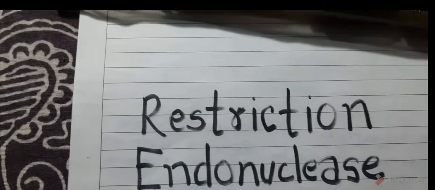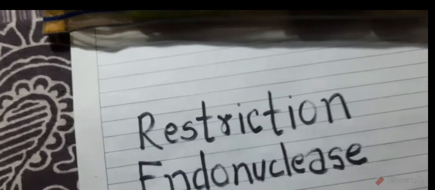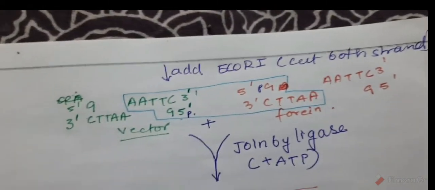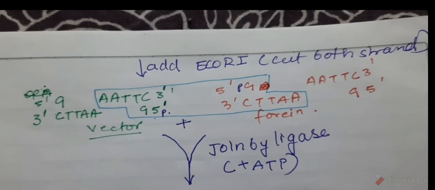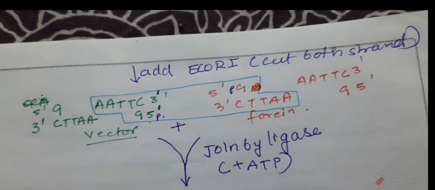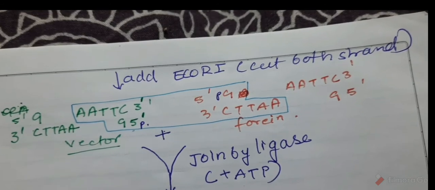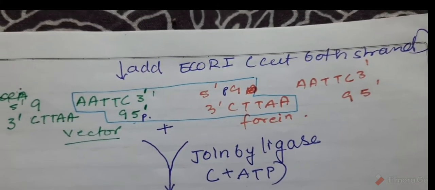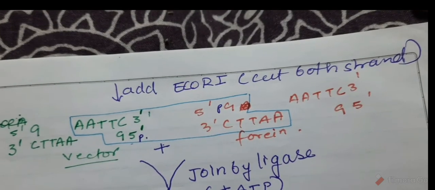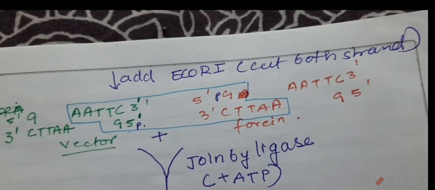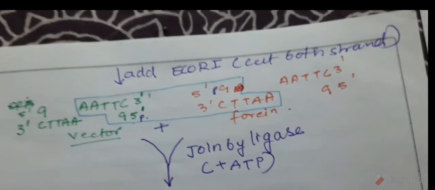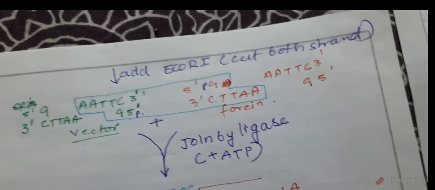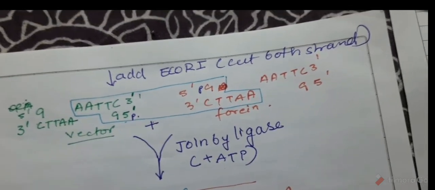Now let's see the role of ligase when you have two different DNAs. When you cut, they will produce the same ends, because the site is the same, between G and A in both cases. Now we want to join them together, because the vector DNA is present somewhere else and the foreign DNA is isolated from somewhere else.